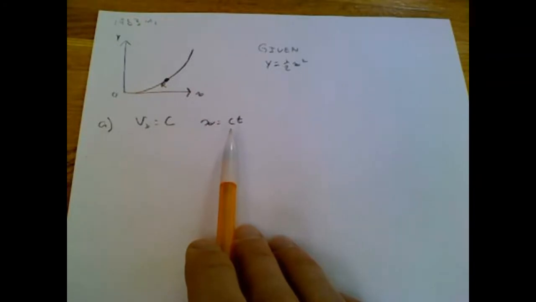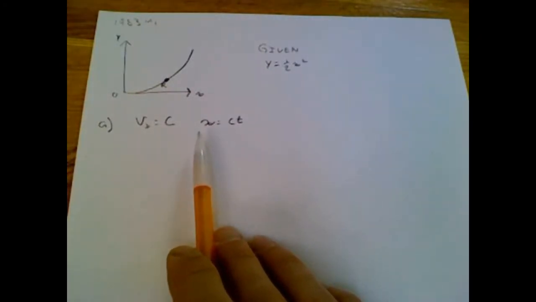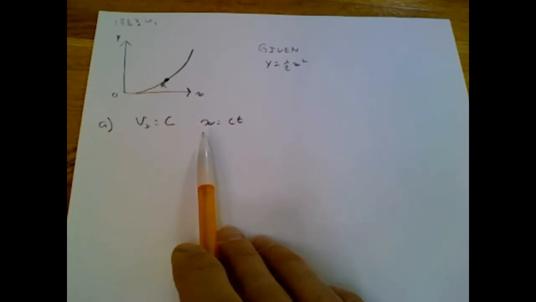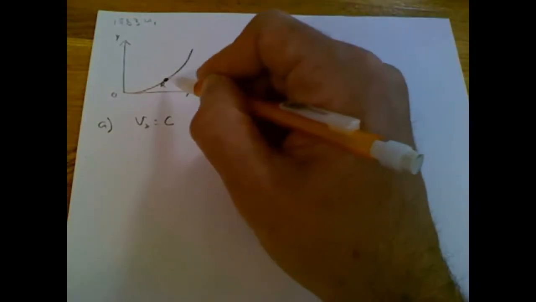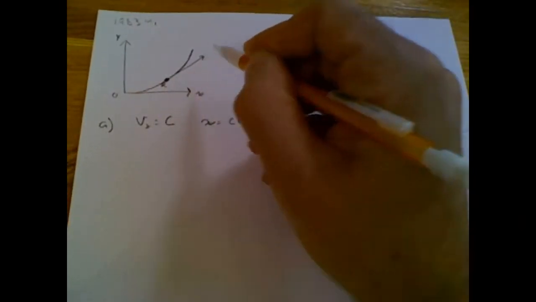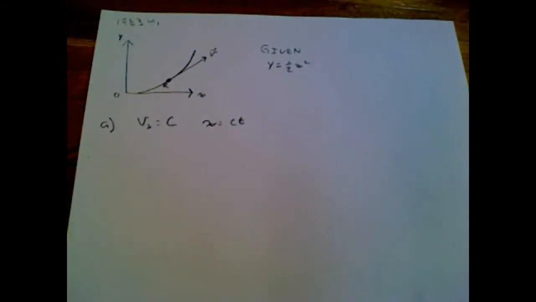Okay, so now for part A, they want us to draw the velocity component and the acceleration component of my graph. Based on my given information, we know that the velocity in the x direction is constant. So that's going to be nice and easy, tangent to my curve. I'm going to draw my velocity vector, label it v. Based on my parabolic path, I know there has to be some acceleration.